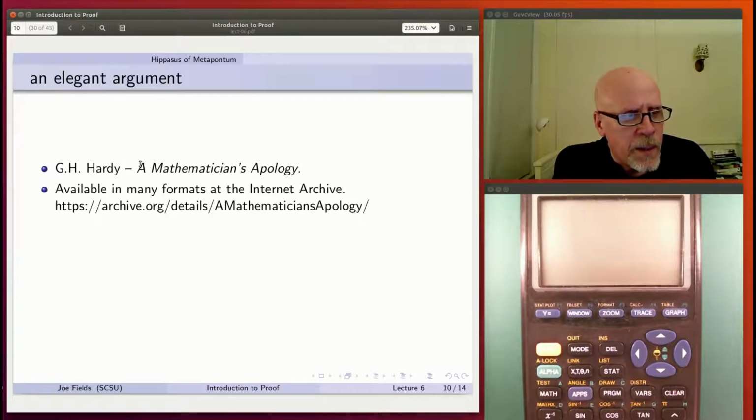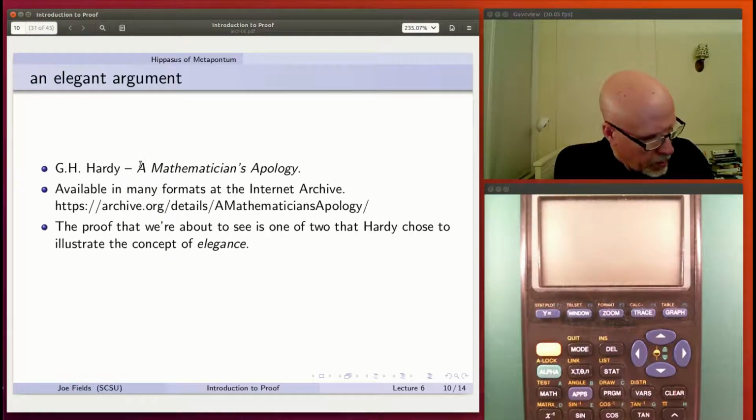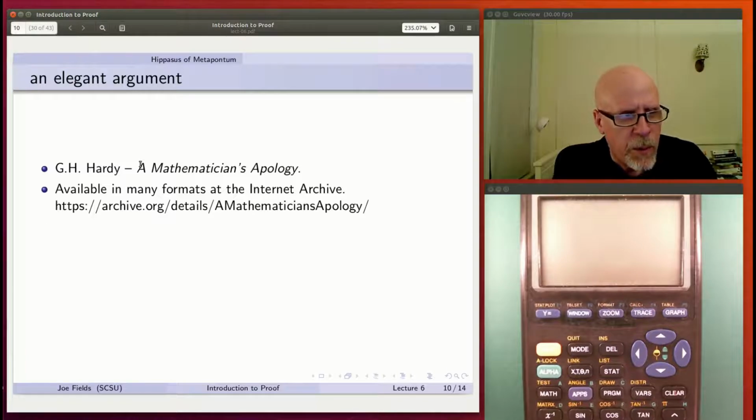Before I talk about the proof, let me say a few things more about Hardy himself. He had strongly held beliefs against the war machine, right? He was a pacifist at a time when it was not popular to be a pacifist.